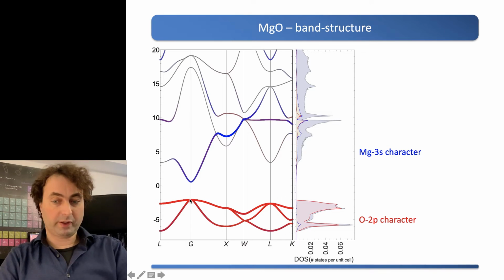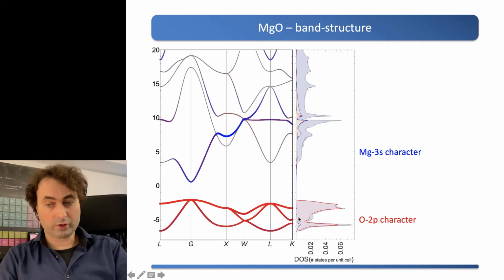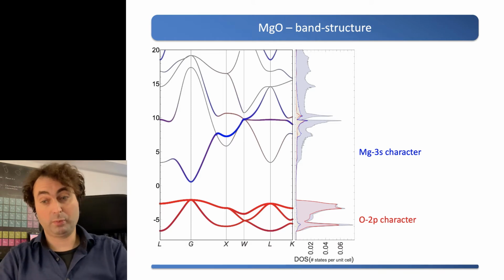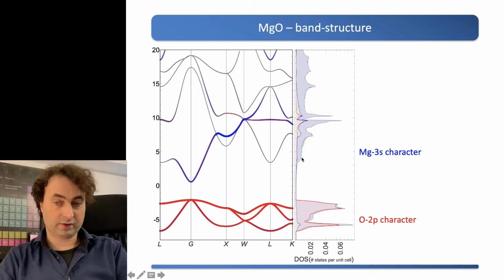So our occupied oxygen 2p orbitals are not fully of oxygen 2p character. There is some manganese 3s character in there that is responsible for the bonding. You have covalent bonds between them that make your crystal stable. And then we see the manganese 3s character coming up here in the conduction bands.